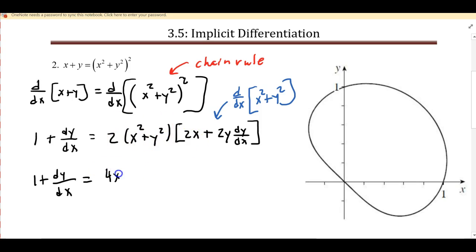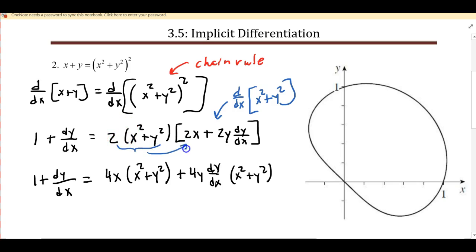That's going to give us 4x times (x squared plus y squared) plus 4y dy/dx times (x squared plus y squared). Are we okay with that? See what I did there? So I just multiplied this whole thing here times both of these. And that gave me that.